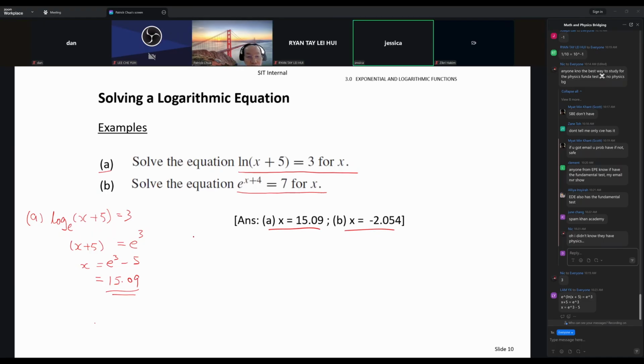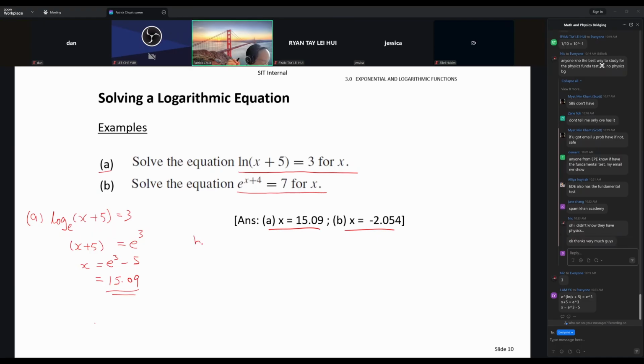Then for B, you have to find the answer.